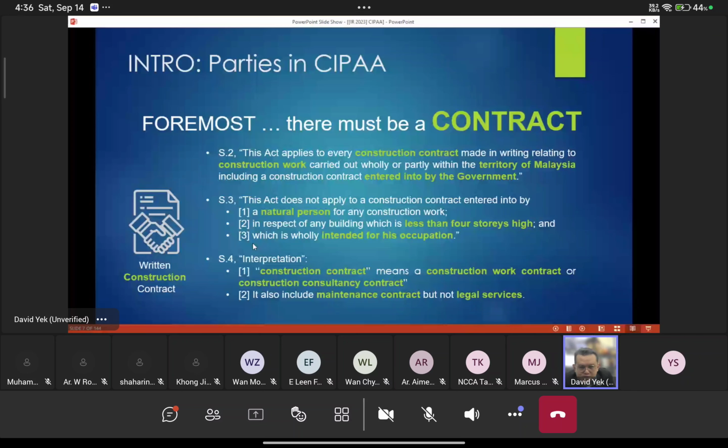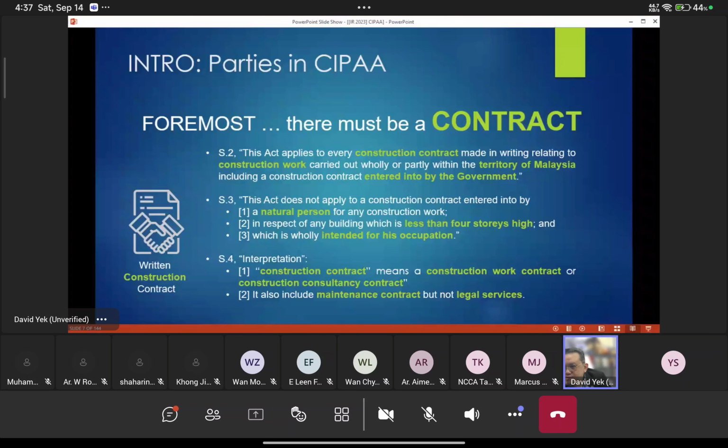That means these 3 things must all exist, and therefore it cannot apply. You understand what I'm saying or not? These 3 items must be fulfilled for it to not apply. If any one of these is not fulfilled, it is not that the Act will not apply. This is the finding of the courts. Some people may disagree with this, but that is the argument.